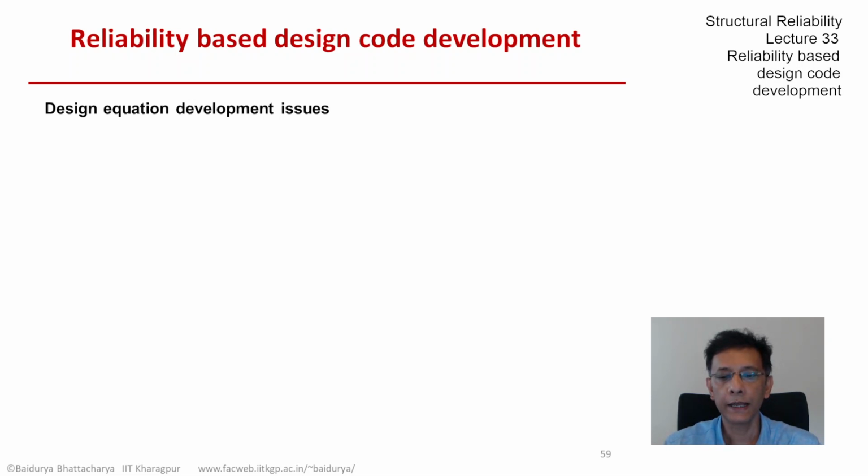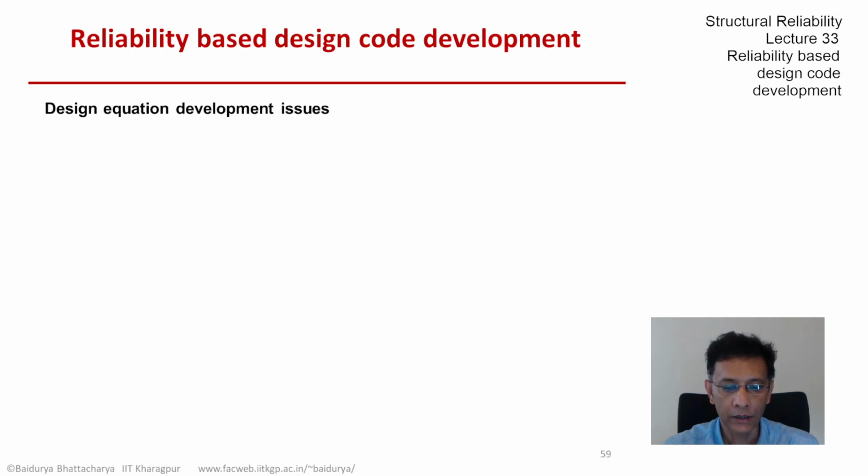We now describe the general method for deriving reliability-based partial safety factors used in design. But I'd like to emphasize what I have said before, that a design standard is much more than just some design equations.